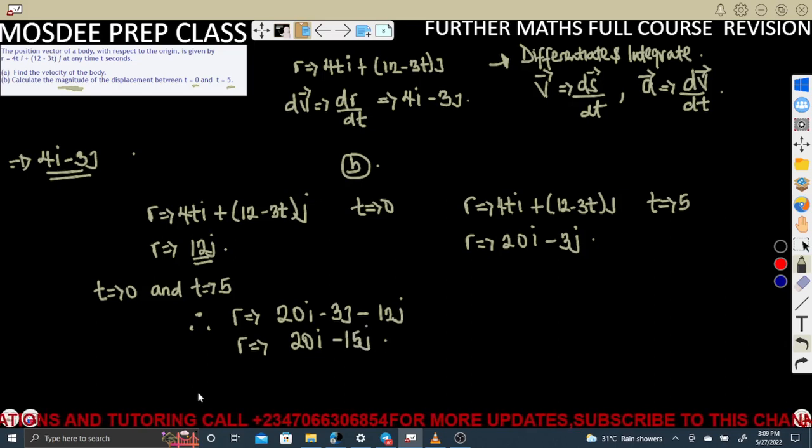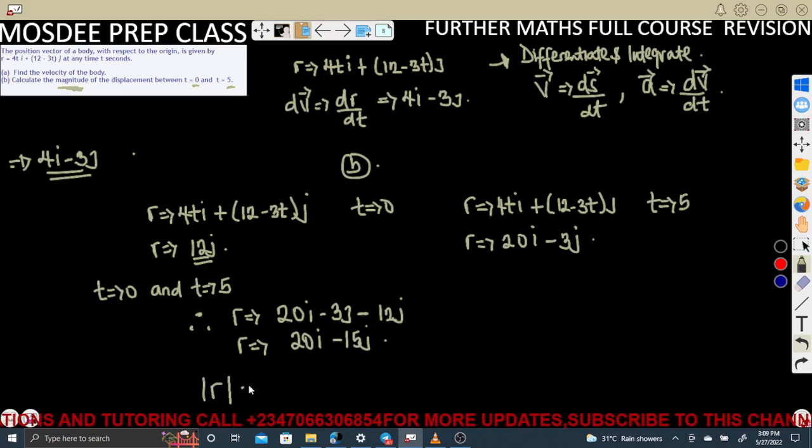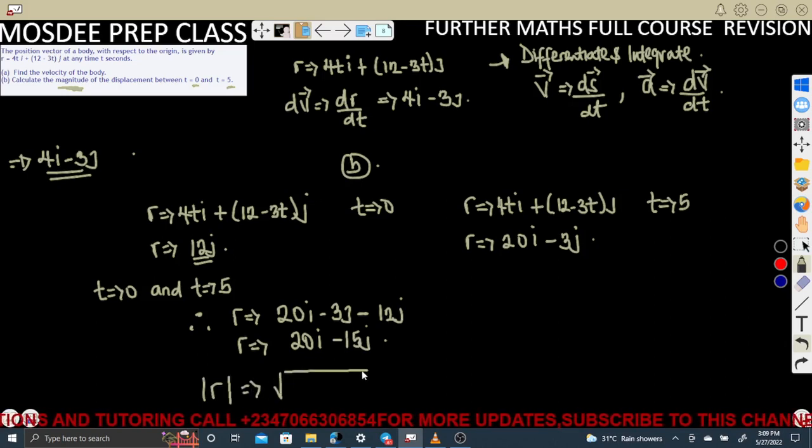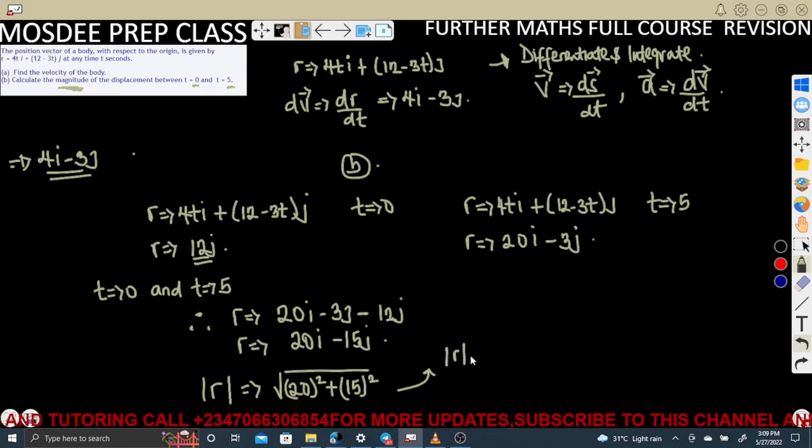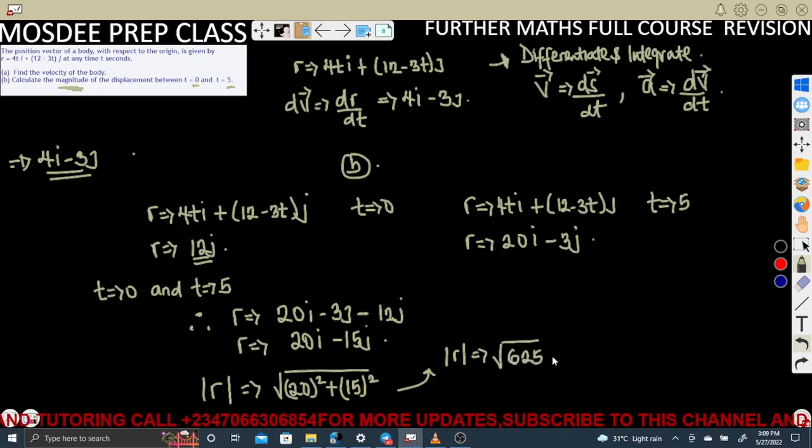So now the magnitude of this is the square root of the square of the i component plus that of the j component. On simplification, 20 squared is 400, 15 squared is 225. They give us the square root of 625, which is a perfect square, and that is 25.